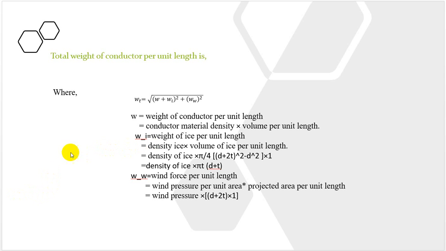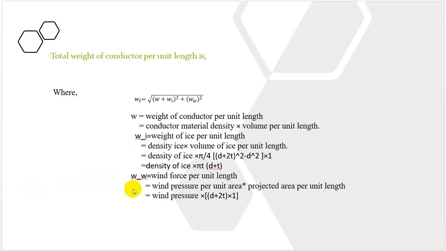Wi equals weight of ice per unit length. That means weight of ice per unit length equals density of ice into volume of ice per unit length.